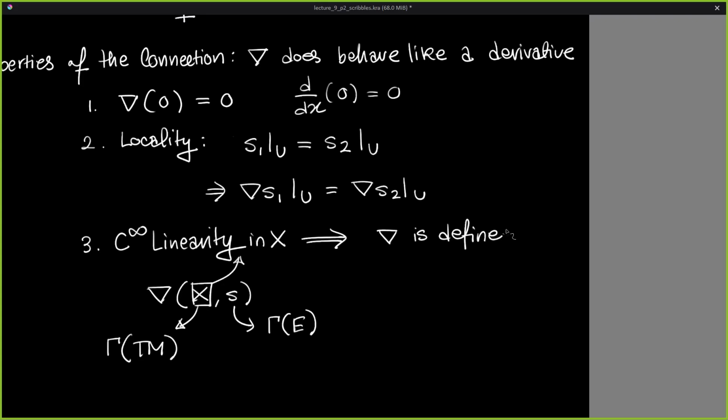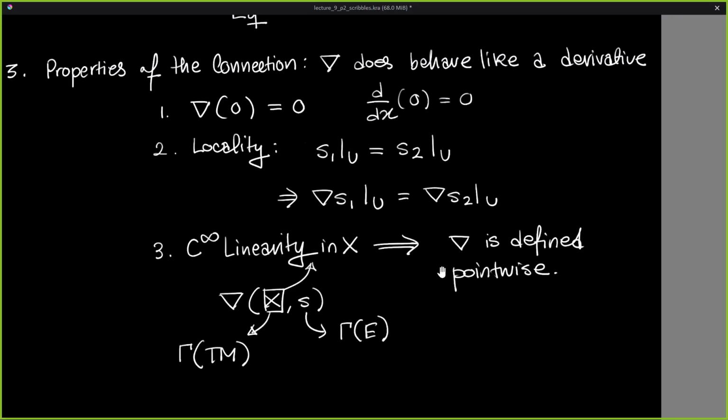Defined pointwise. So the derivative at each point only depends on the vector at that point, and it only depends on information on the manifold near that point. That's what the locality is telling you.